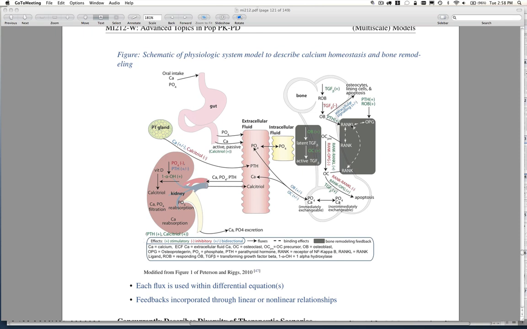So the idea was that if you inhibit RANK ligand, all these osteoclasts die off, you decrease the amount of bone resorption, and therefore you get an increase in overall bone.